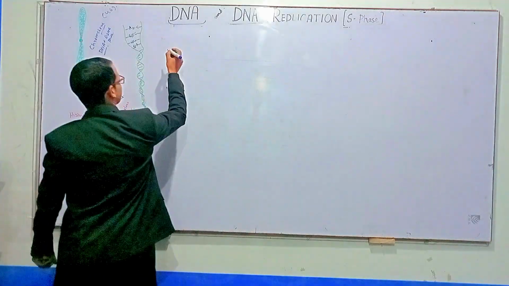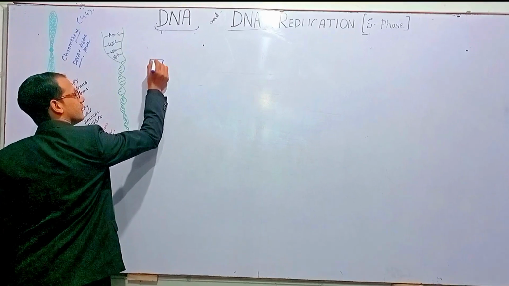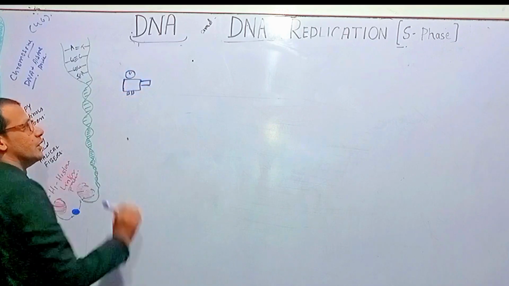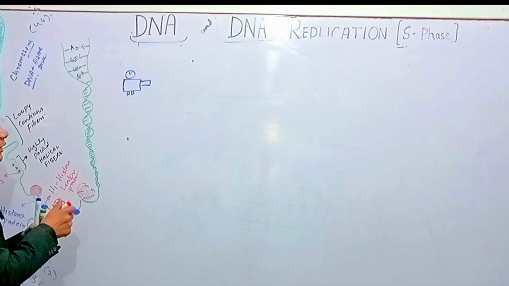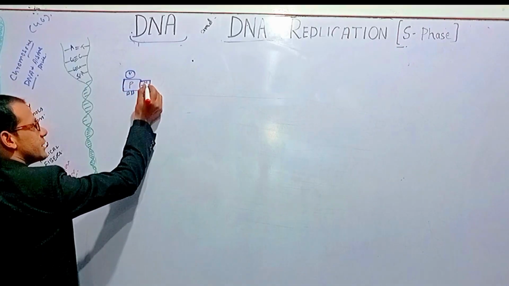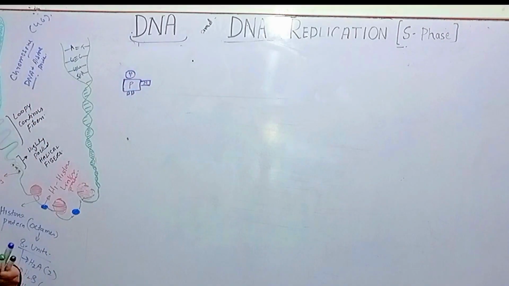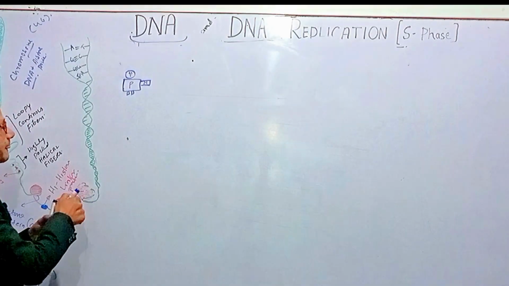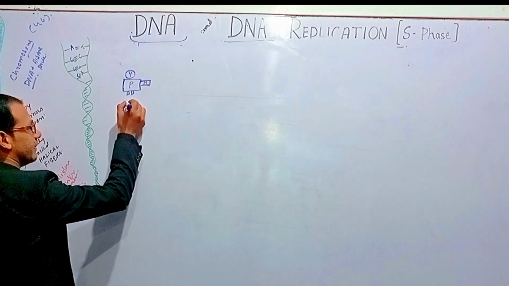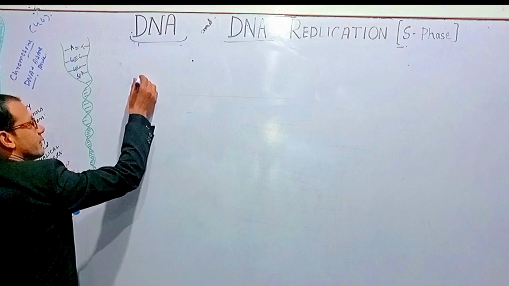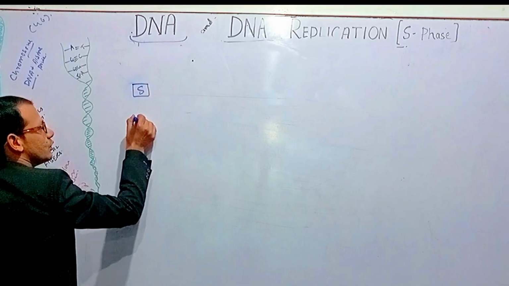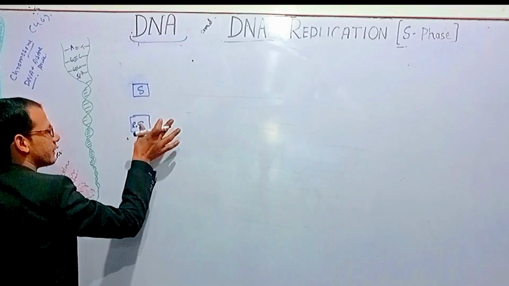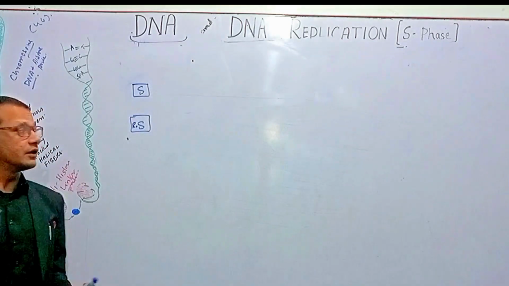I have told you that the nucleotide has three parts: pentose sugar, nitrogenous base, and phosphate group, right? And DNA is a sequence of nucleotides. For example, this is sugar. Which sugar? Deoxyribose or ribose. In DNA, deoxyribose is present.